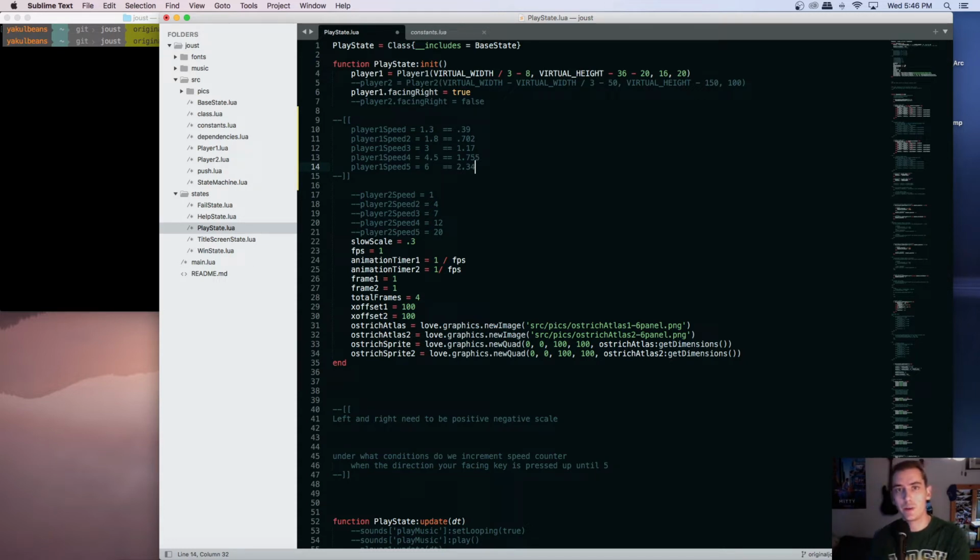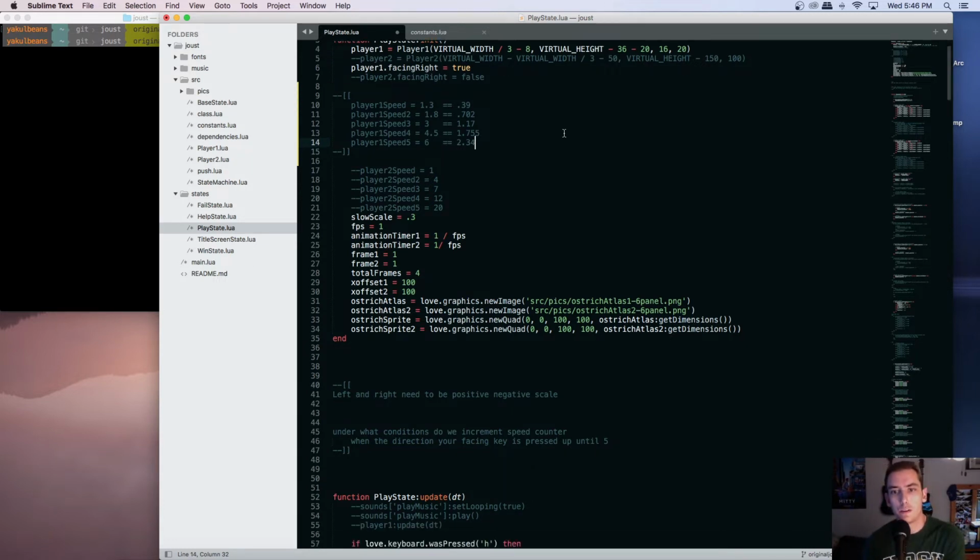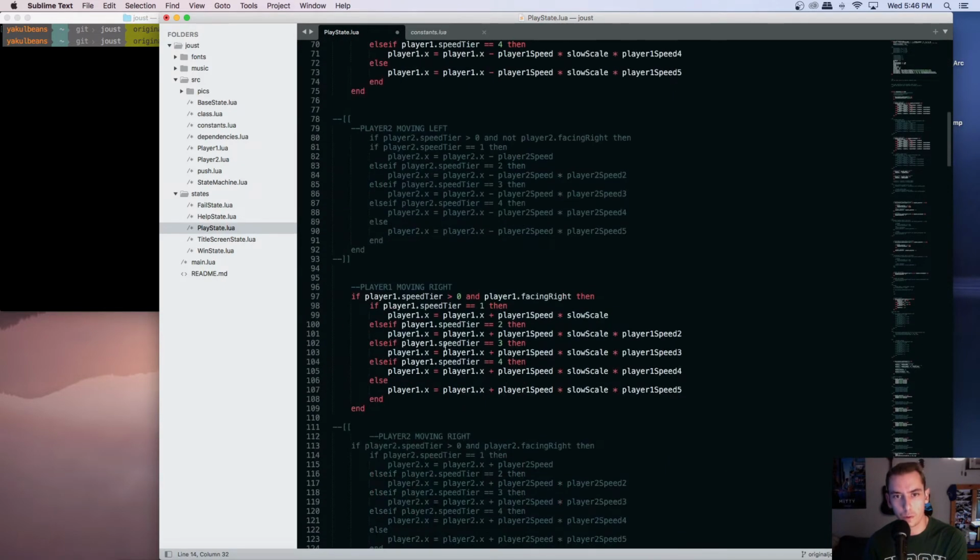So instead of, for the moving right here, I'm saying in speed whatever tier it's in. Let's say it's in speed tier 3, then player 1's X gets its current X, and then look at this, added by its player speed, and then the slow scale, and then the speed 3.